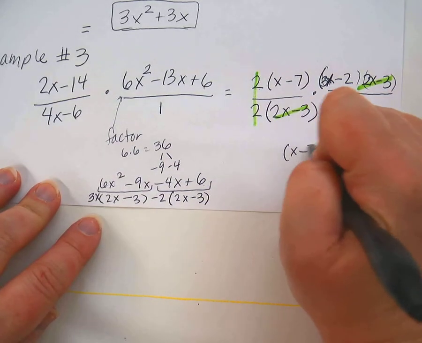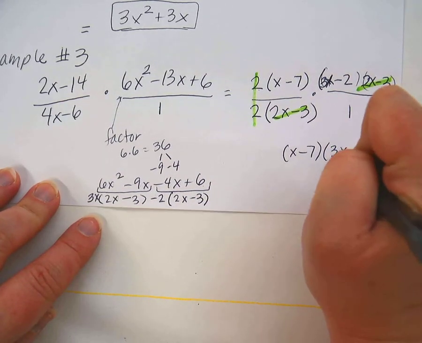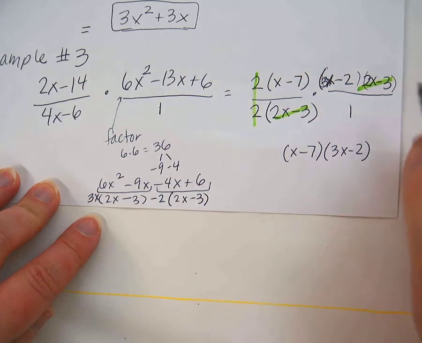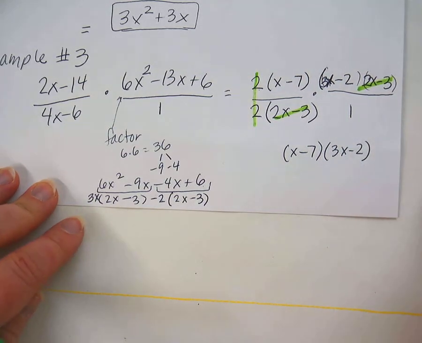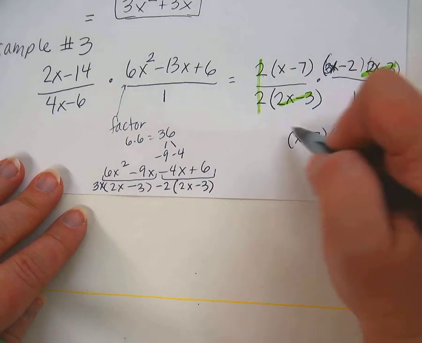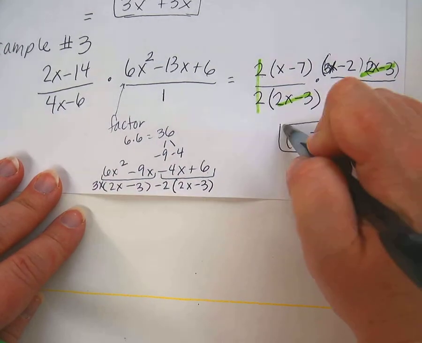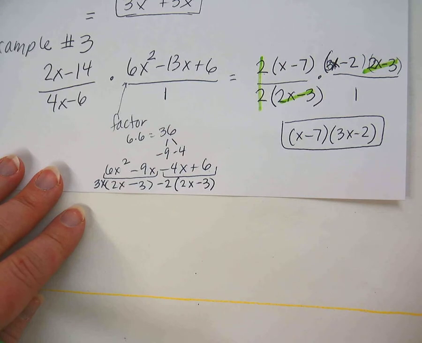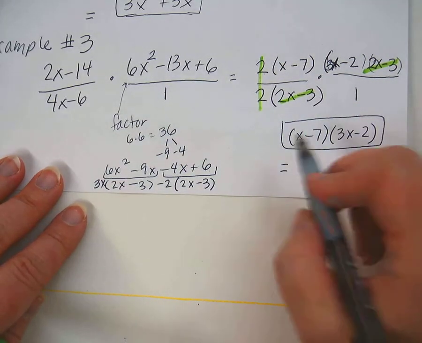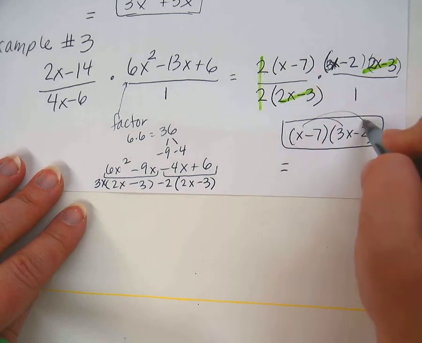So x minus 7 times 3x minus 2 over 1. So we don't even need to write the bottom part of it. If you want to leave the answer like that, that's fine. But if you want the answer to match the answer key, then go ahead and multiply it out, like FOIL it.